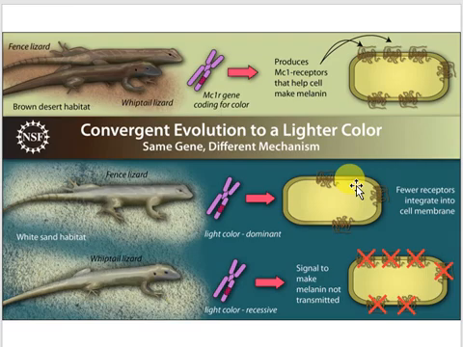In the dark ancestral lizards, the gene codes for MC1 receptors that allow melanocytes, which are a type of cell, to make melanin, and those are then picked up by the receptors, which makes the animal dark in color.